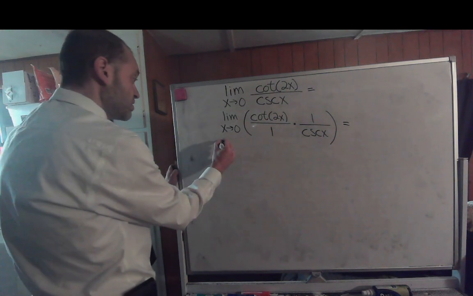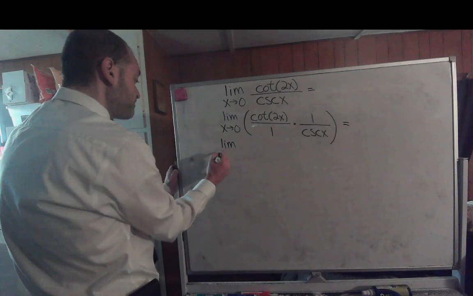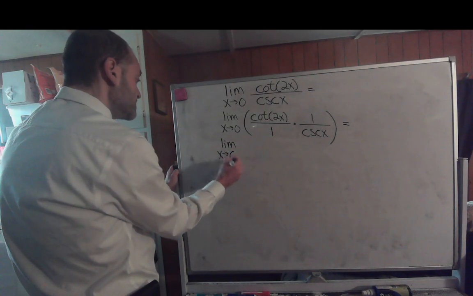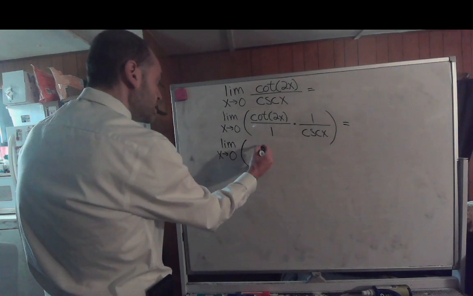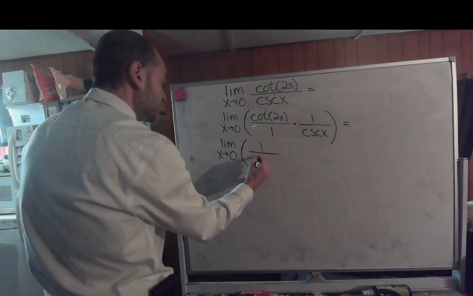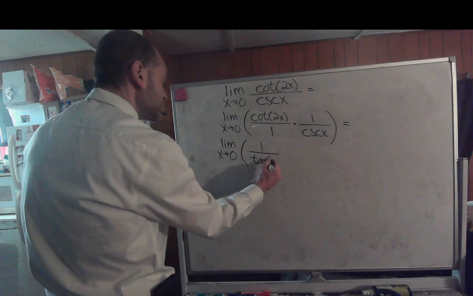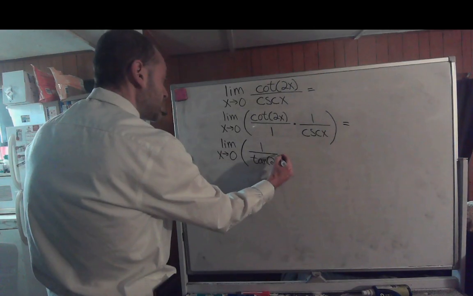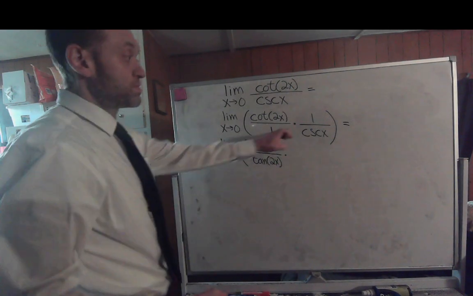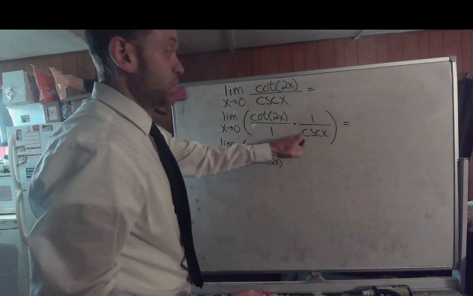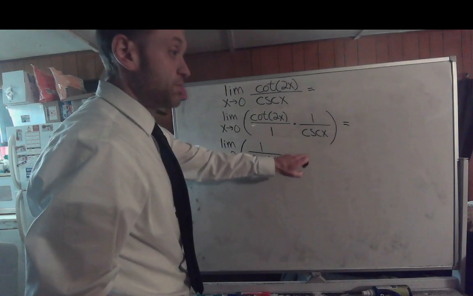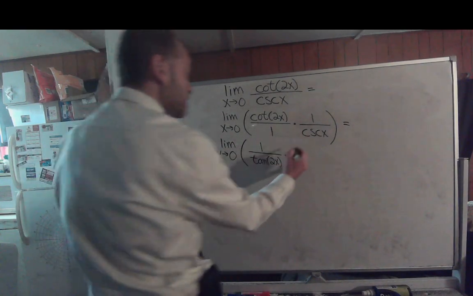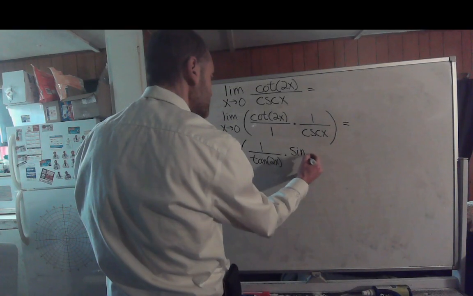So this would just turn into the limit as x approaches 0 of 1 over the tangent of 2x times, now what's the reciprocal of cosecant? 1 divided by the cosecant, well, that's simply the sine. That would end up being the sine of x.